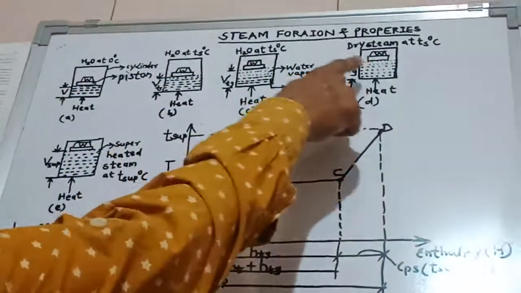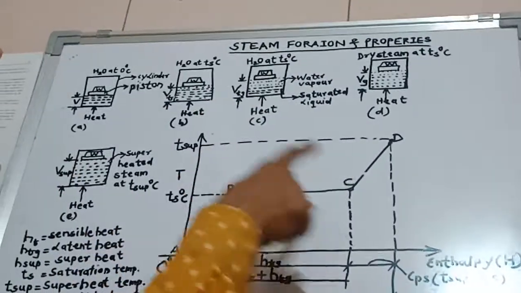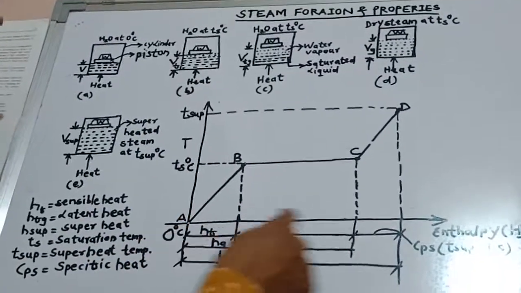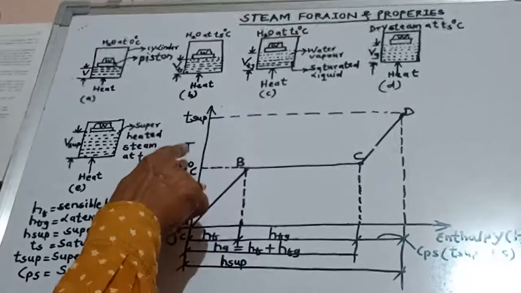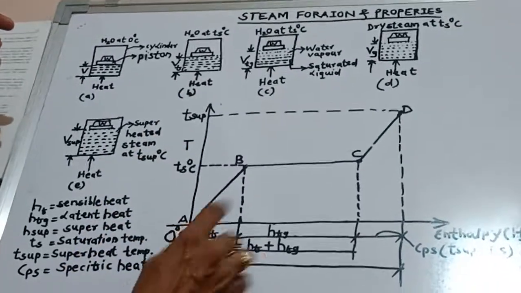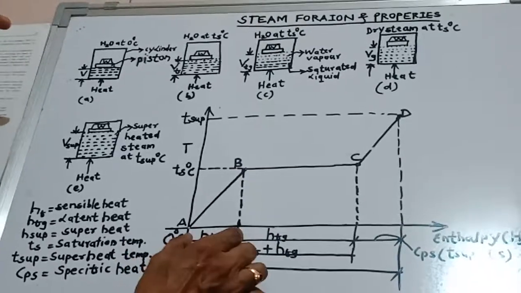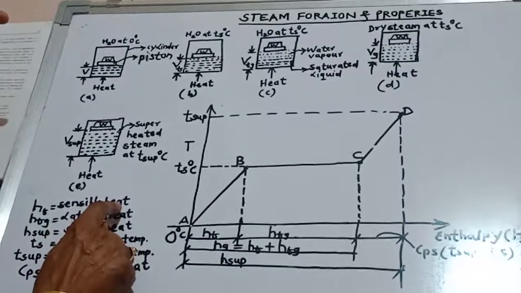Now in the exam you have to draw 1, 2, 3, 4, 5 sketches and this graph. Along the x-axis we consider enthalpy, that is heat content, and along the y-axis we consider temperature. Now see this portion A to B, this is Hf. Hf means sensible heat.